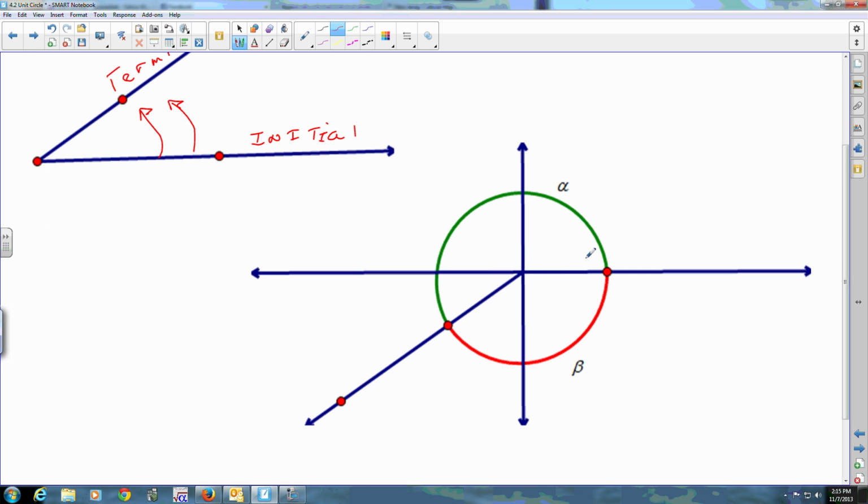So alpha is being measured here, and is coterminal with this angle here. They're ending on the same side. Alpha and beta are coterminal angles in this picture. They're ending at the same place. They have the same initial side, they're both starting at the same place, and they have the same terminal side. So they're coterminal angles.